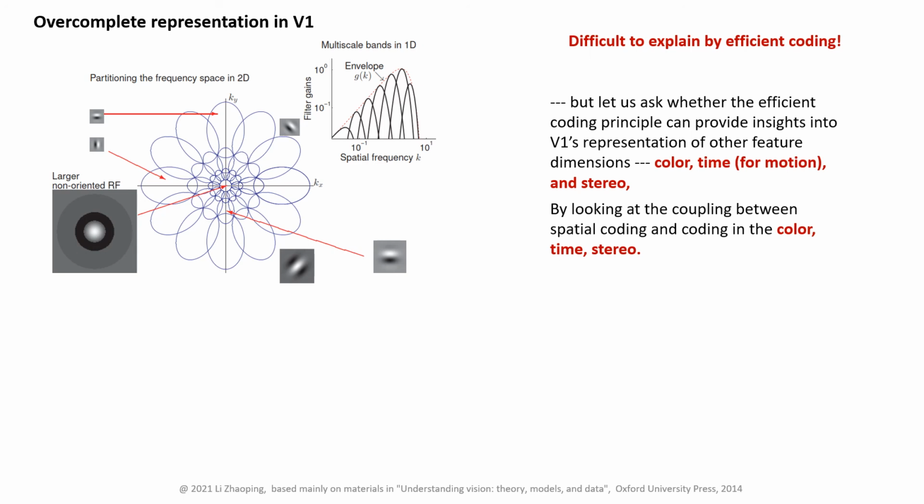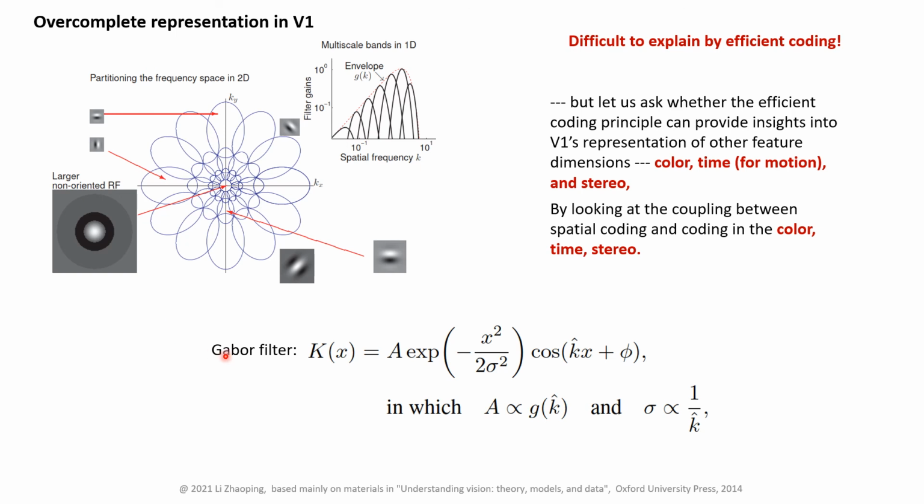To do this, we can just look at these spatial filters as they are with a model, and this we can model as a Gabor filter for each of these filters. This Gabor filter is a function of space x.